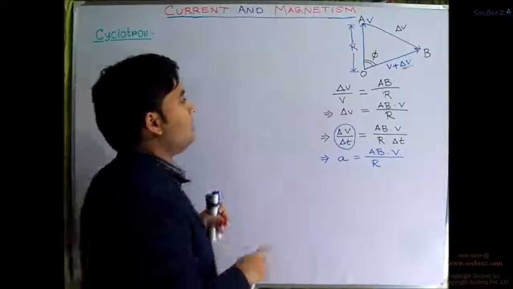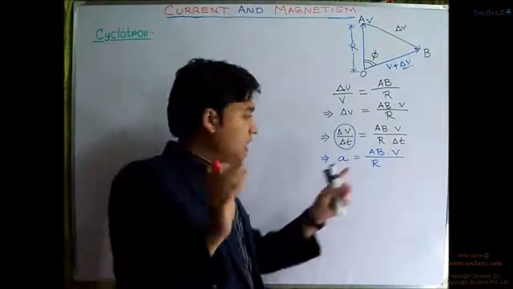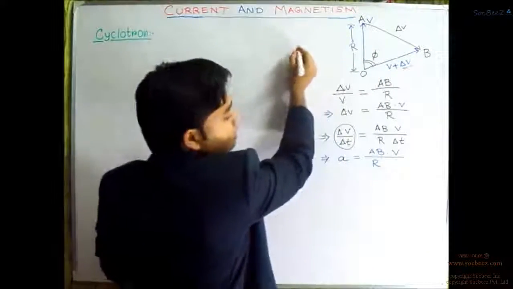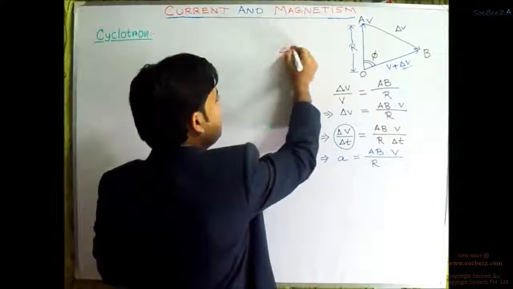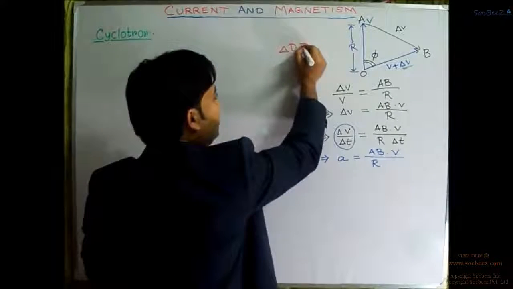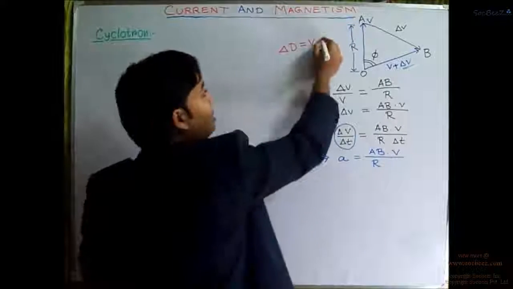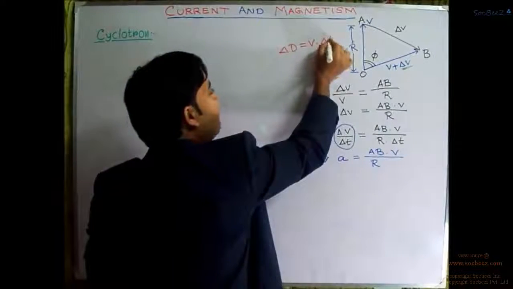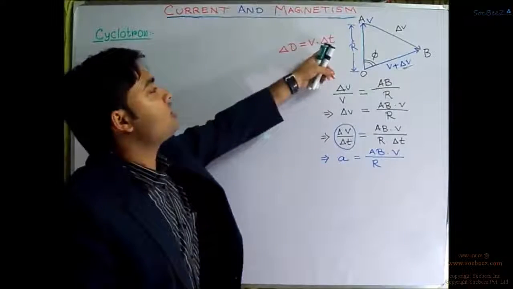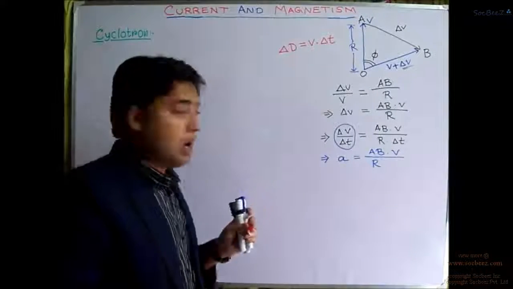And as we know that, say for example, the distance covered in a time del T, we can write the expression like this: the change of distance, del D, will simply be equal to V multiplied by the amount of time taken, del T. So over here this del T will simply be equal to del D divided by V, right?